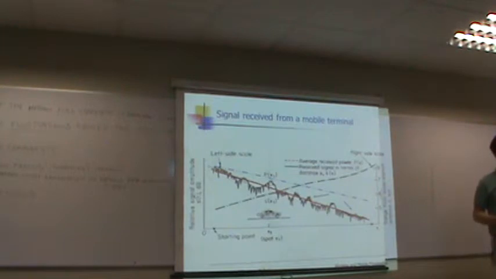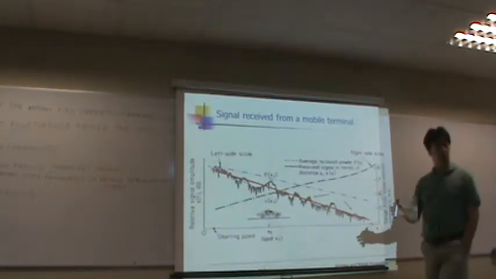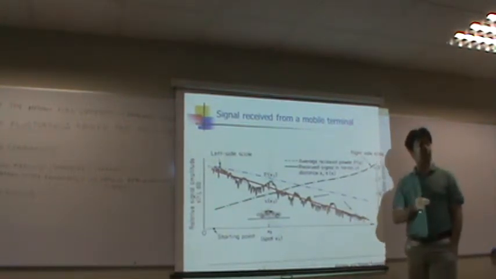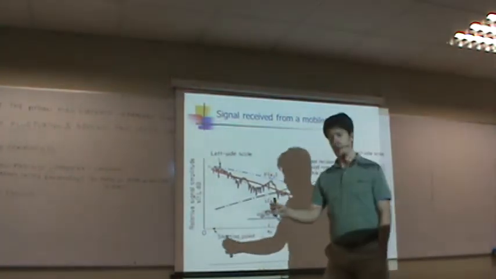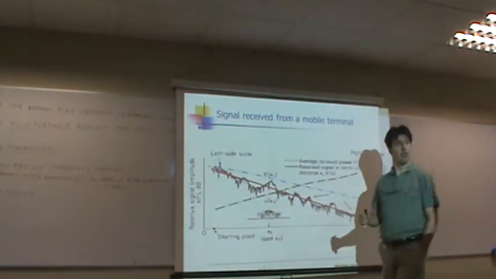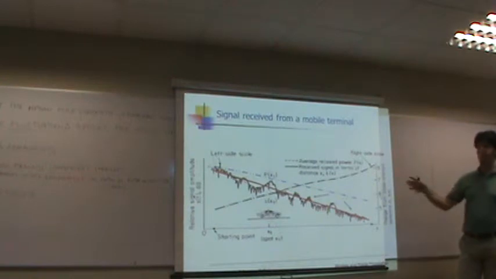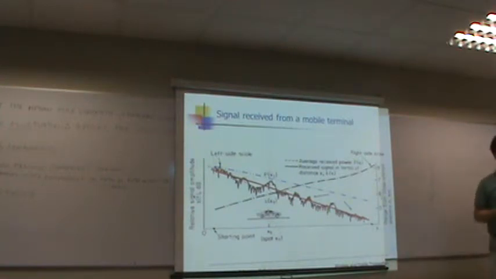This is exactly what happens when you move around. You go from a point where there is a destructive combination to a point where there is a constructive combination. And we will see that, since we have a lot of electromagnetic rays, not only two, this distance is very short. It is of the order of the wavelength.